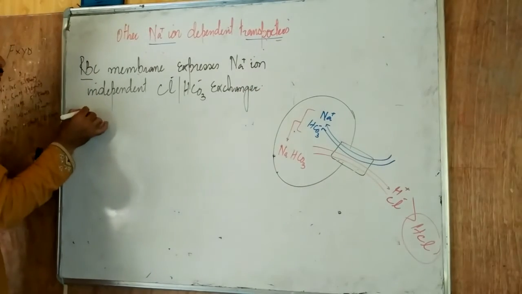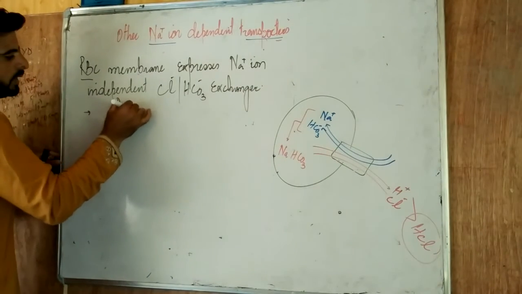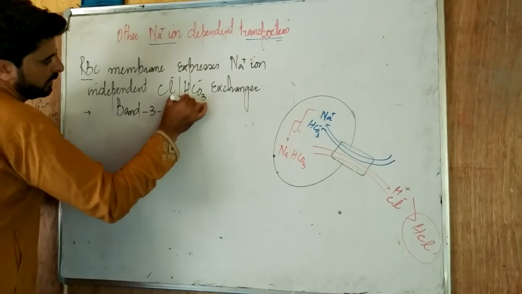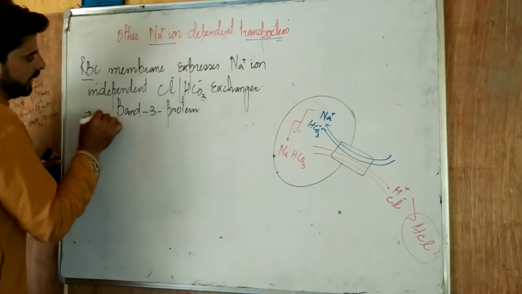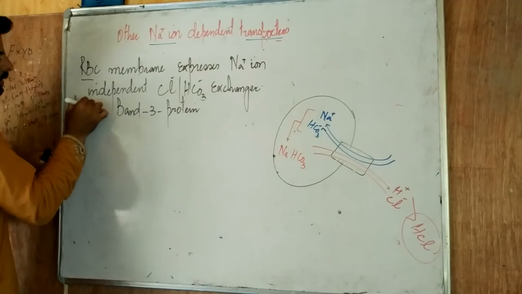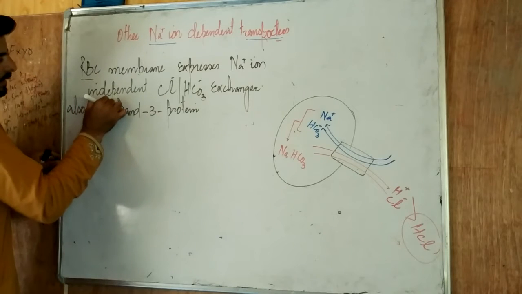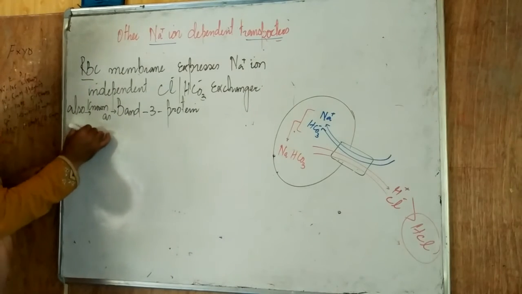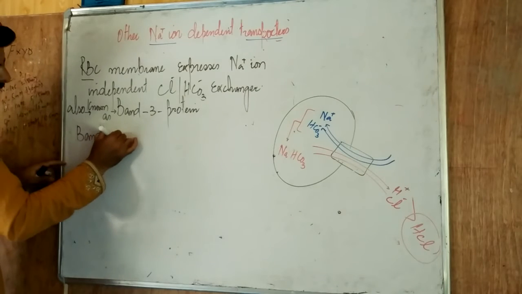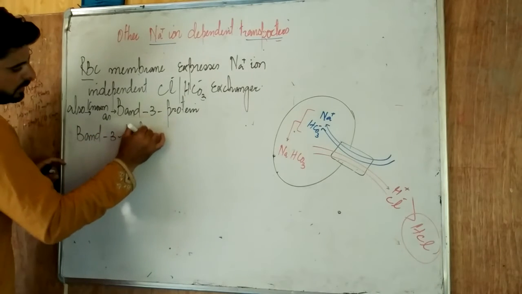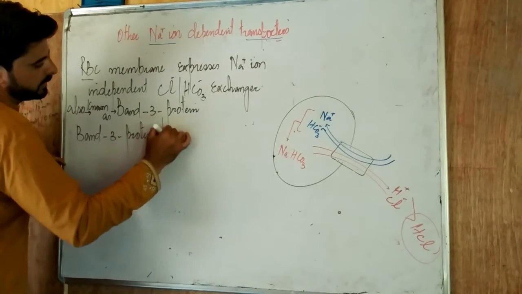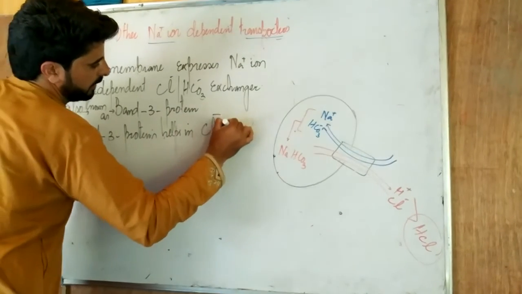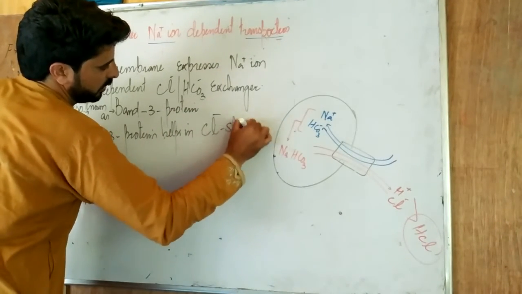This is also known as band 3 protein. Band 3 protein helps in chlorine shift.